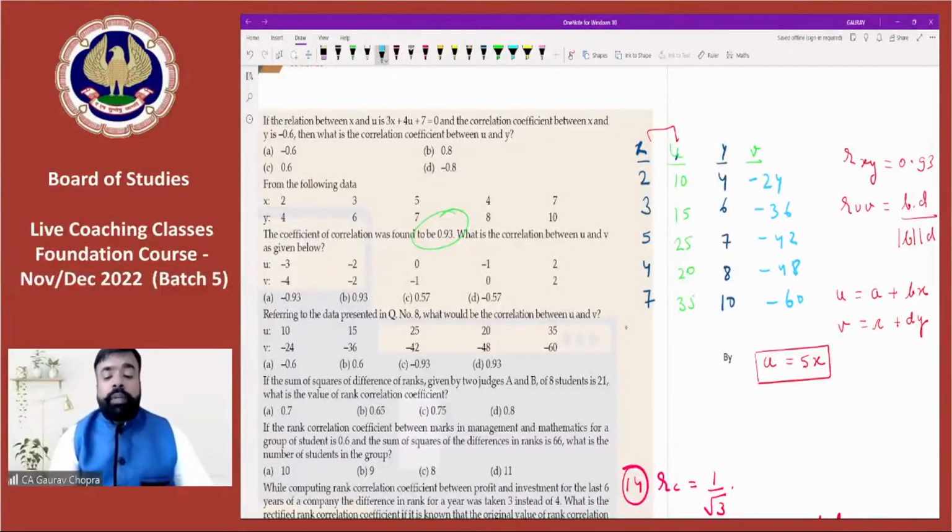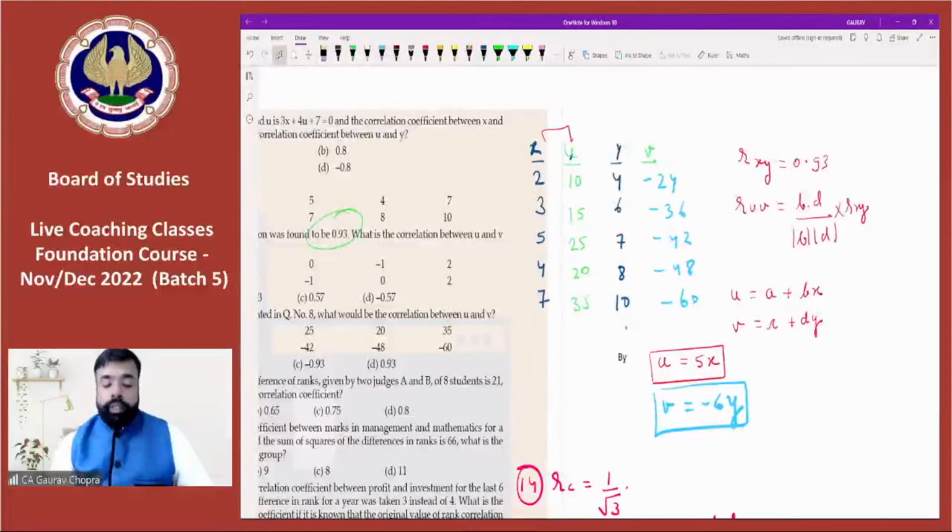Now, what is the connection between V and Y? So 4 and -24, 6 and -36, 7 and -42. We can clearly see that V is -6 times of Y. So if we multiply the series Y by -6, we get V.